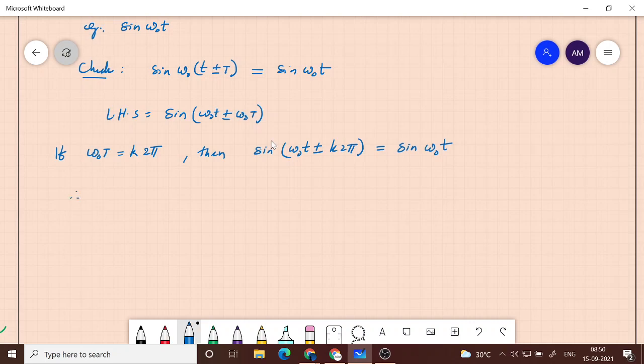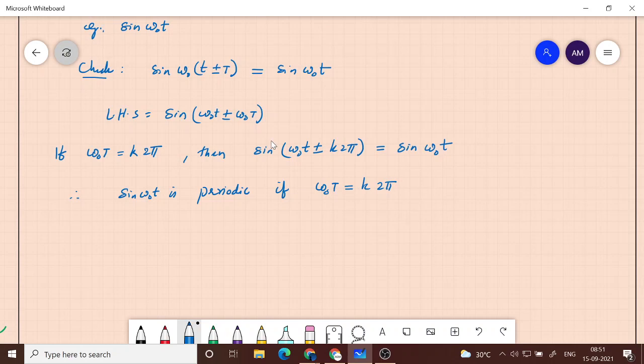Therefore we can say sine omega 0 t is periodic if omega 0 into capital T is equal to k into 2 pi.